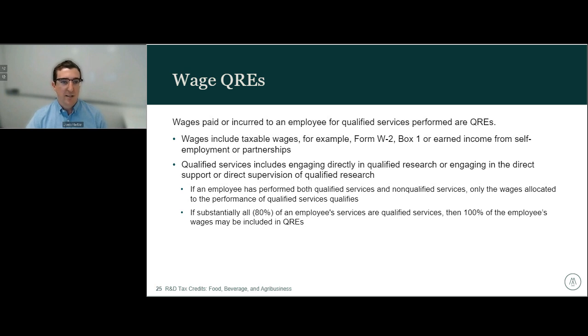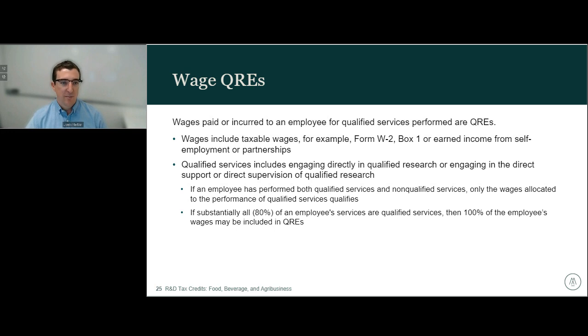On the other side, direct supervision might include someone who is immediately supervising the R&D, but not actually performing the hands-on experimentation. And if an employee has both qualified and non-qualified services, that's totally okay. We only include the wages allocated to the qualified services in the calculation itself.